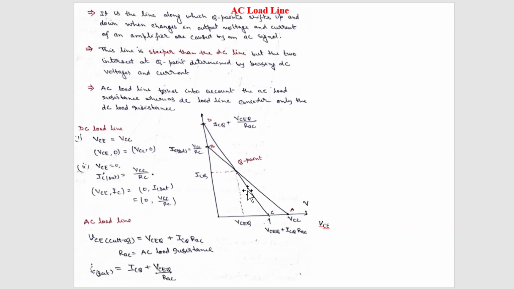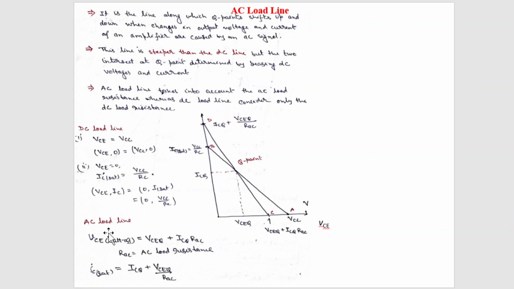So how to determine the cutoff point, that is one end point for the AC load line, small v capital CE. Remember why we are writing this small v capital CE: because this signal is a superposition of both AC and DC signal.